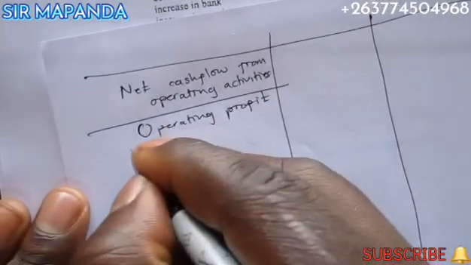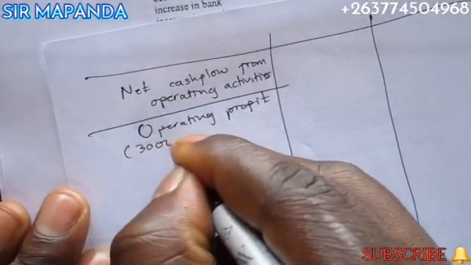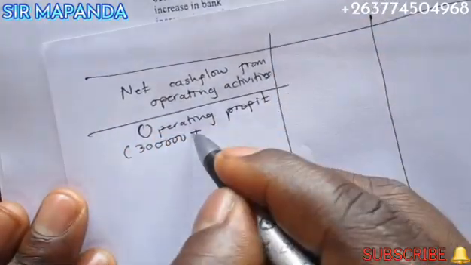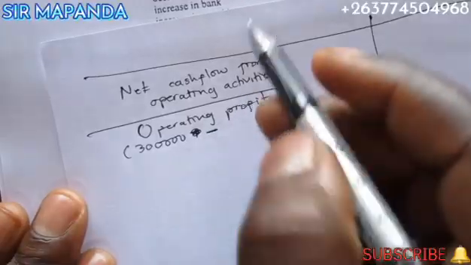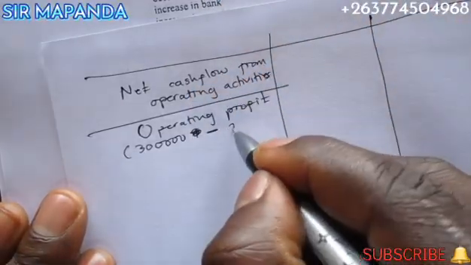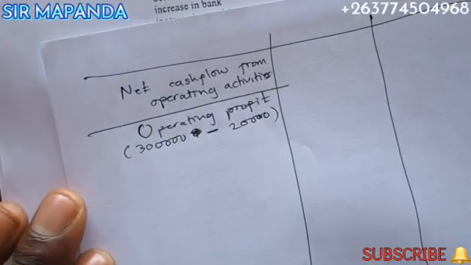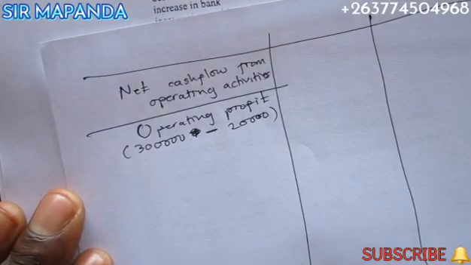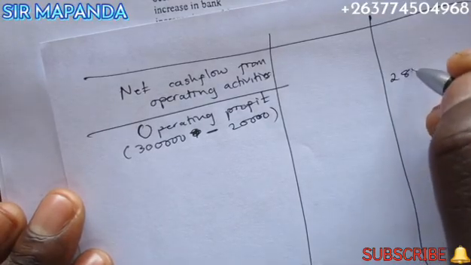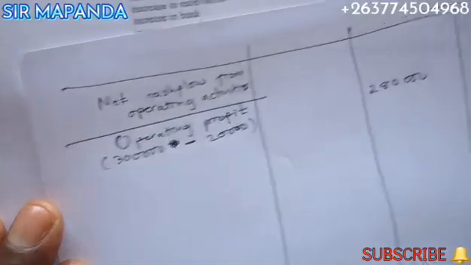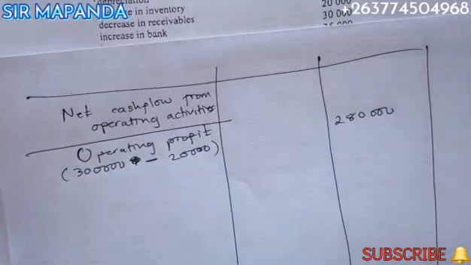So on the 300,000, we need to deduct the depreciation. Depreciation is 20, so 300 minus 20, you get 280. So you write 280,000, representing your operating profit.